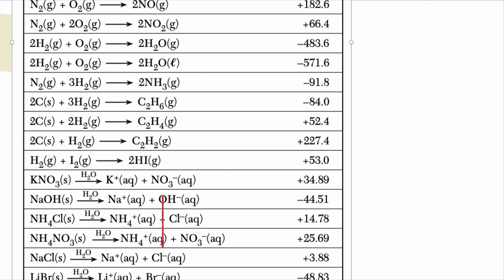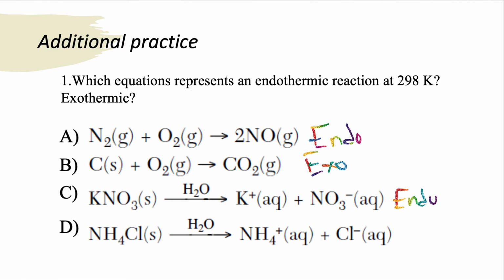It's 14.78, so again, it's positive, so that's endo. So we have 3 endothermic reactions and 1 exothermic. Again, endothermic means it was positive, energy is absorbed. Exothermic means it's negative, energy is being released.